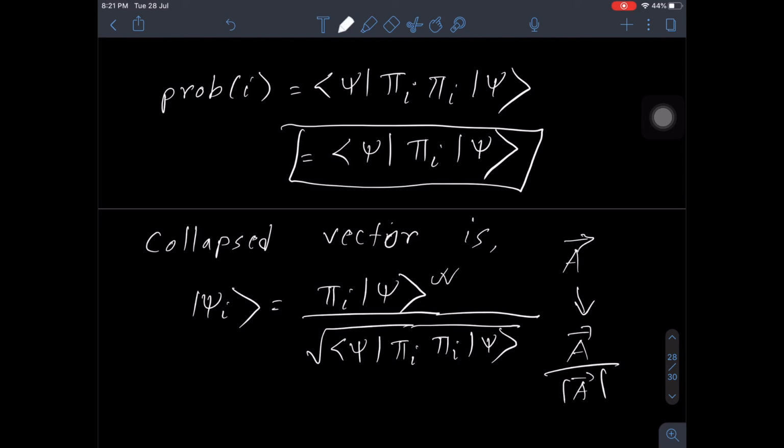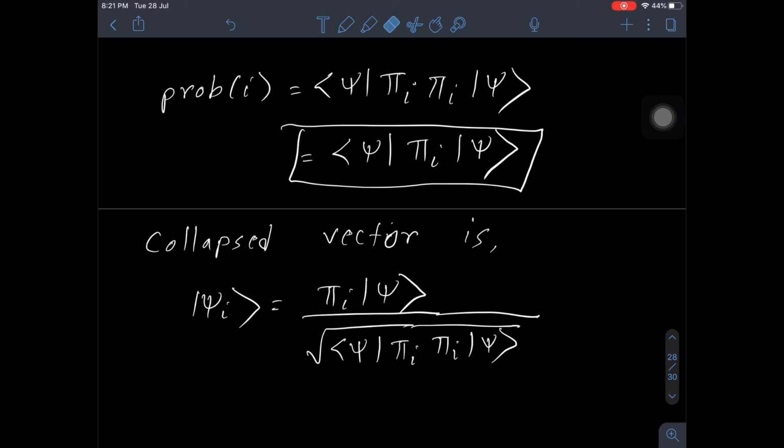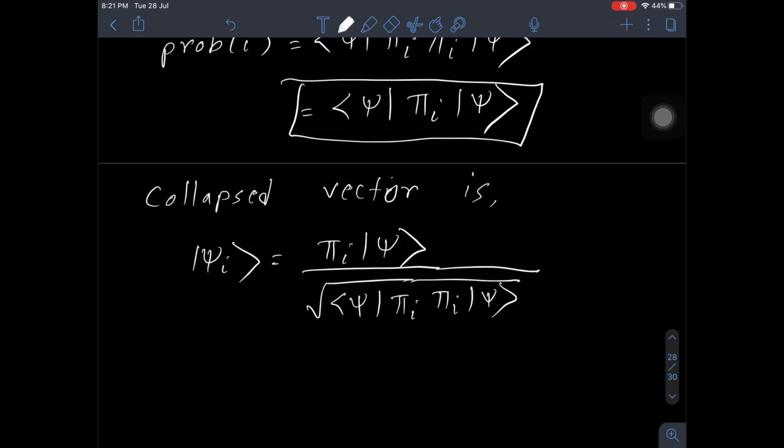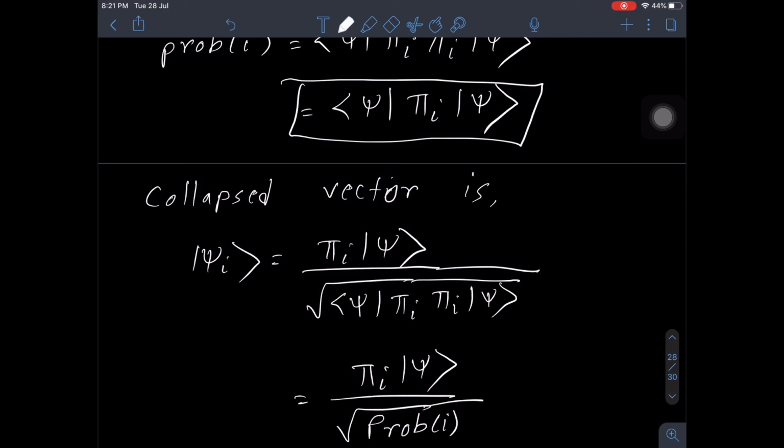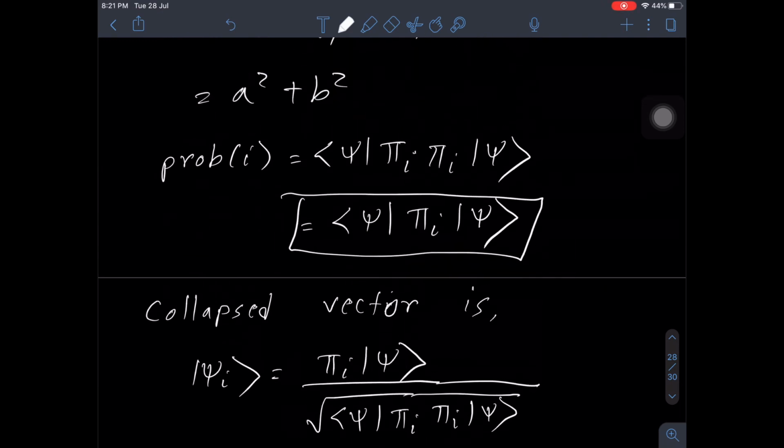But this is nothing but, let me remove this part. This norm here is nothing but the probability of I, right? So what you do is you just write it as pi I psi divided by square root of probability of I. All right, this is my collapsed vector after measurement, and this is my probability of getting that outcome.